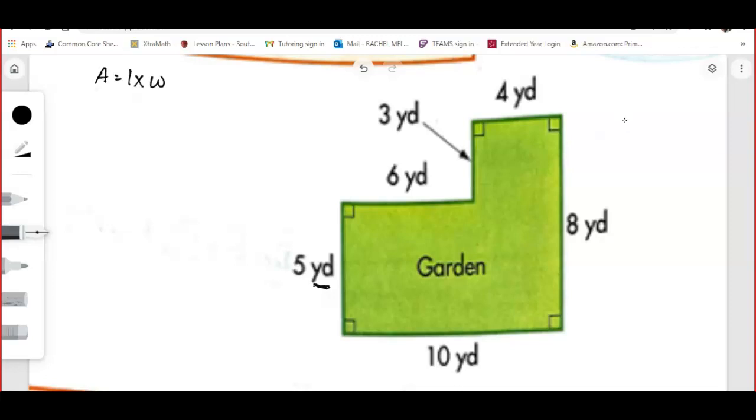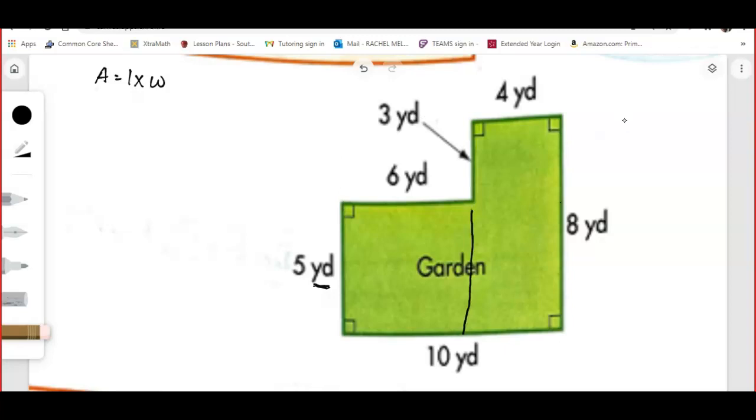And just like with the last one, I can cut it up here, I can cut it up here, or I can think of the whole shape and then take away this part. Any of those things would work.